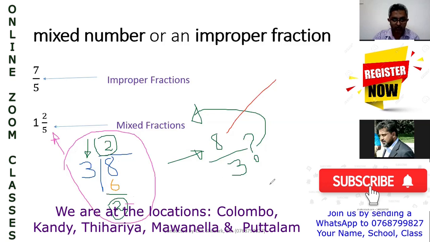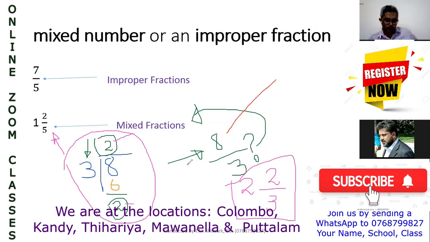So the answer is going to be, which one are we dividing by? It's going to be 3, remaining is 2, and the quotient here is 2, since we got this 2 times.